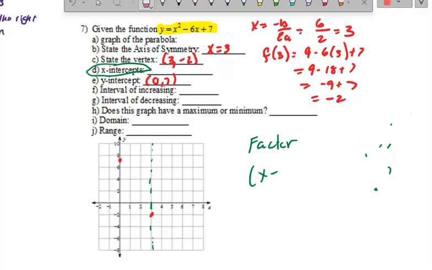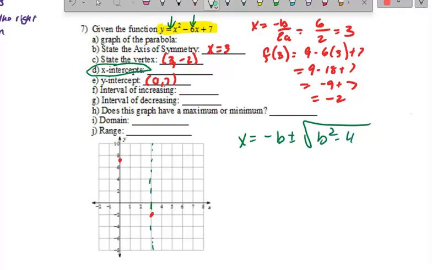So the only way I can find the x-intercepts easily, because this is 1 and this is even, is to complete the square. But I'm going to be honest, I just don't usually go that route. You're welcome to do that if you want. But I'm just going to use x equals negative b plus or minus the square root of b squared minus 4ac, all over 2a.